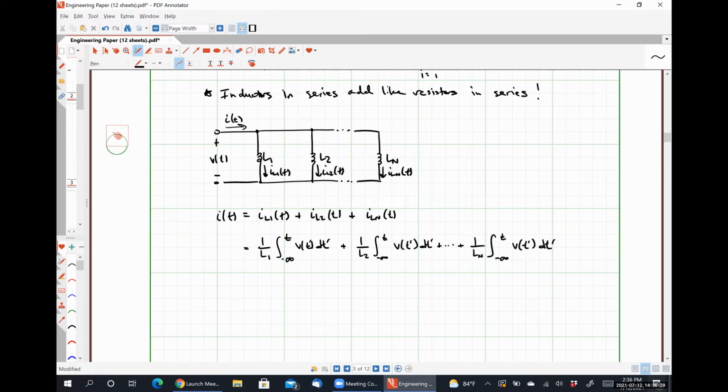And so all of those integral terms are exactly identical. So we could have 1 over L1 plus 1 over L2 plus 1 over Ln, all multiplied by our integral, which is going to look like 1 over Leq times the integral.